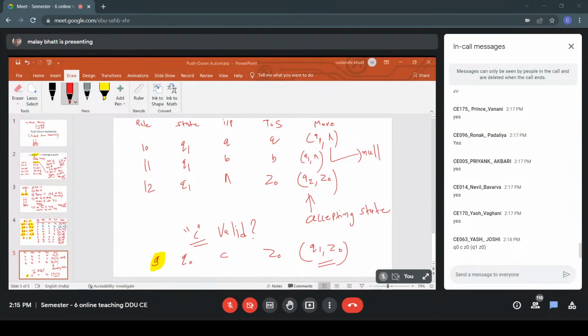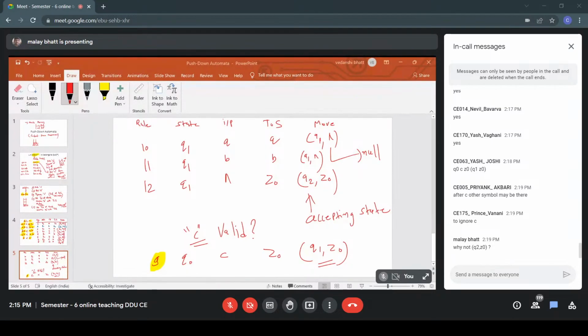Because it is also a valid string. Yes. So whatever Priyank has written, after C there can be another symbol.